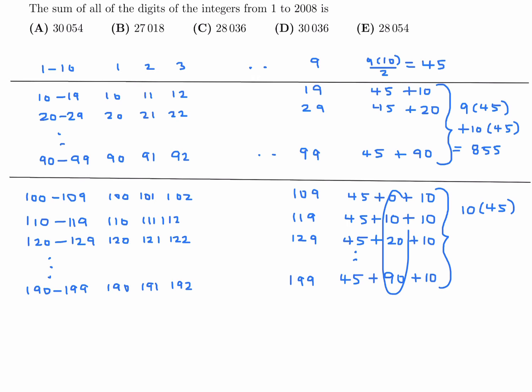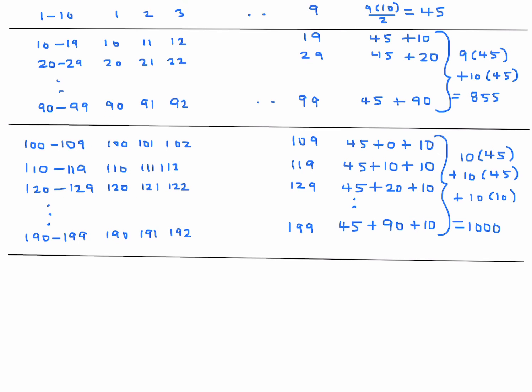And then these guys in the middle, it's like adding 1 plus 2 plus 3 all the way till 9, but you have to multiply that by 10, so it's 10 times 45. And then these guys, that's pretty easy. That's just 10 times 10. And if you add up these, that becomes 1,000. All right, so I hope you're getting the hang of this.